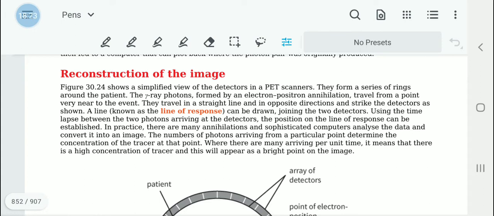At the same time, you need to remember that when gamma ray photons are formed by the electron positron annihilation, when they travel from a point, they actually travel in a straight line because they travel in opposite directions.